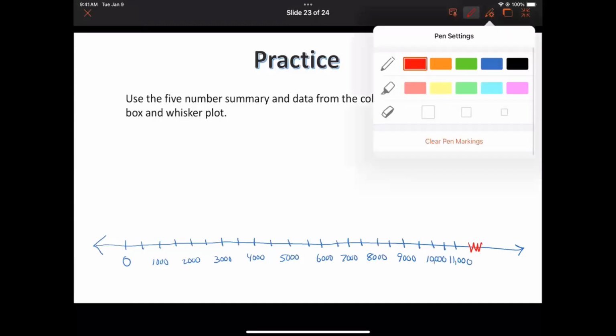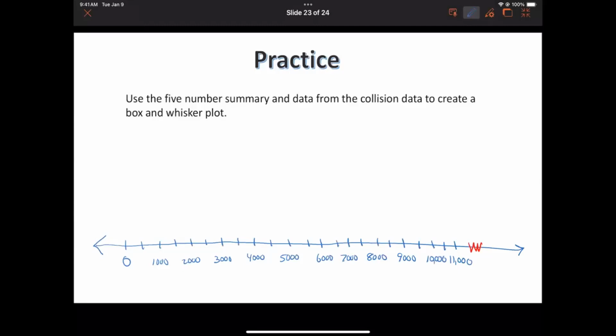So I can now start at 21,000, 22,000. So I broke my graph and basically cut out a $10,000 chunk.